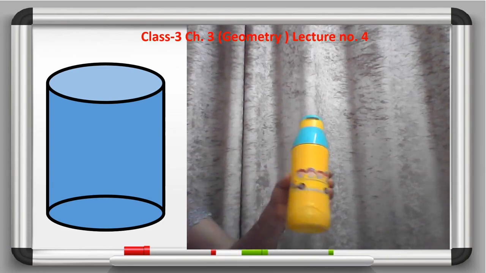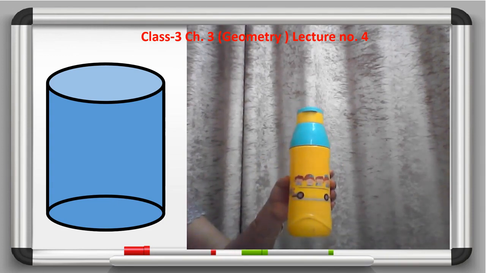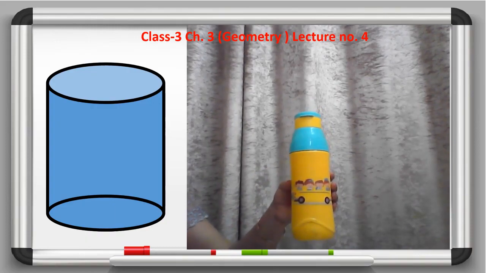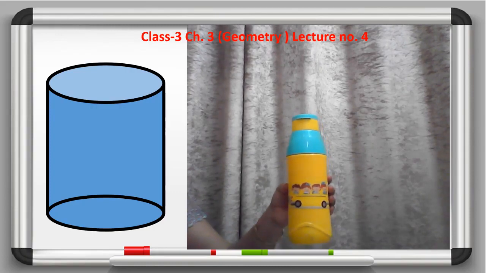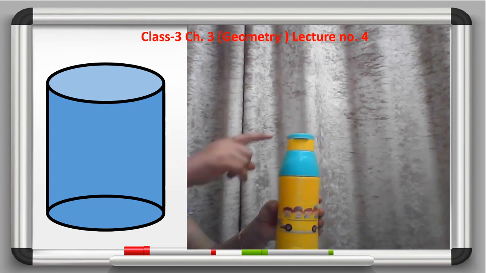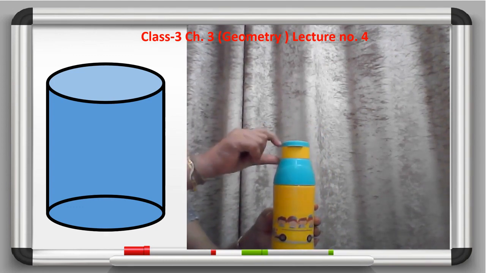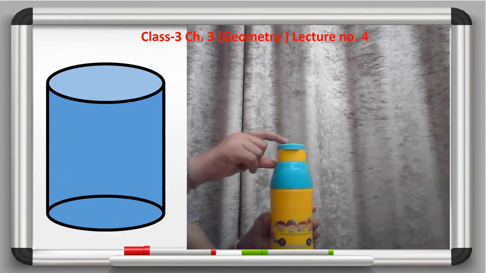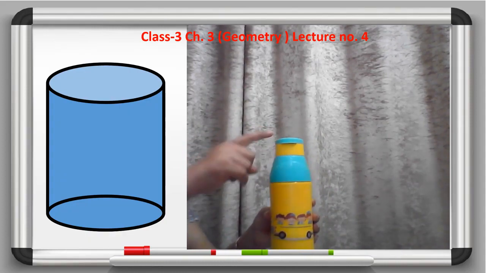So how many faces does a cylinder shape object have? That is 3 faces, 2 plane faces and 1 curved face. Now I will tell you how many edges there are. Here you can see that this curved edge joins these two faces. This line has joined the plane face and the curved face.